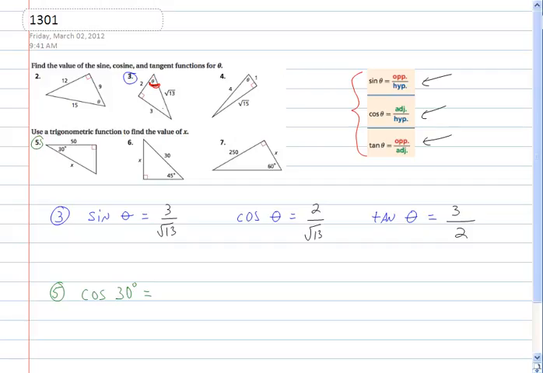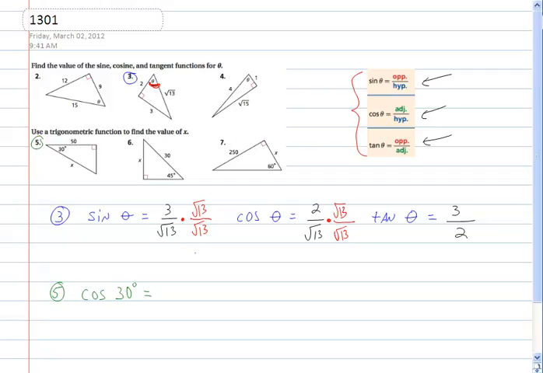Now what your book is going to do is they're going to tell you that you cannot have this square root of 13 in the denominator, so that's called rationalizing the denominator. You want to get rid of the radicals. So one way you can do that is to multiply that fraction by the square root of 13, top and bottom, and that will get rid of the radical in the denominator.